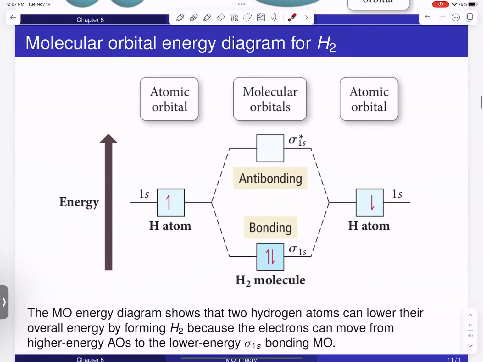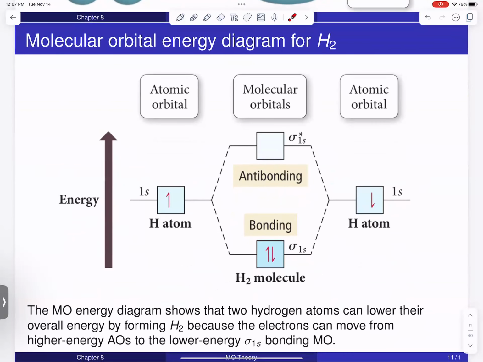So to sum that up, we can make what we call a molecular orbital energy diagram. So in practice, we don't draw out the little 1s orbitals and do something like this and then add them together. What we do is we write out an energy diagram. Very reminiscent of what we did back in our unit on electronic structure theory for atoms. We talked about the energy of the orbitals and we populated electrons accordingly.